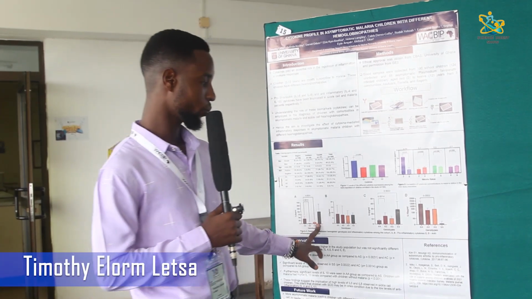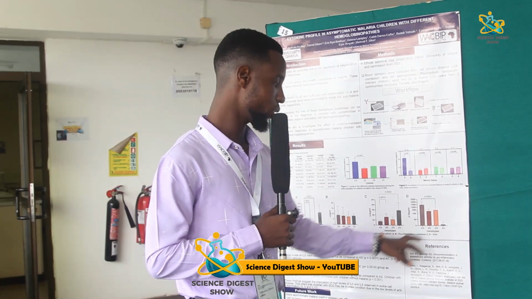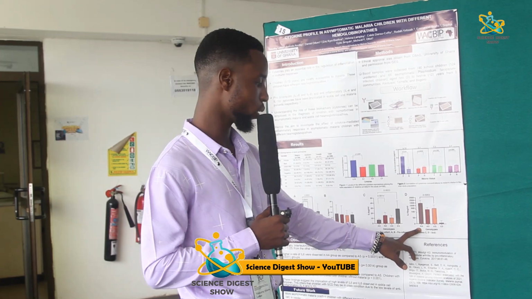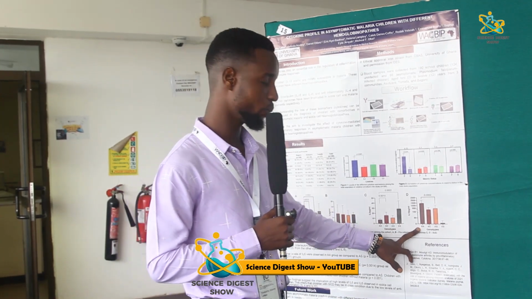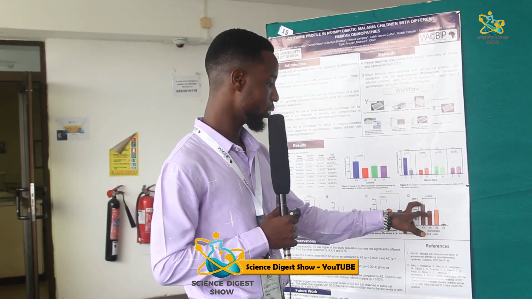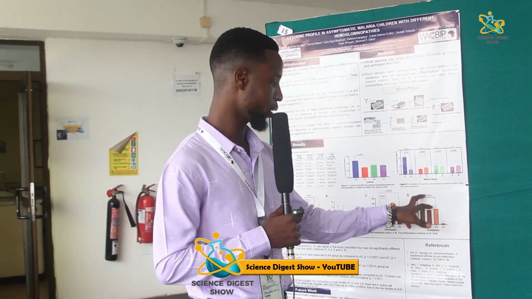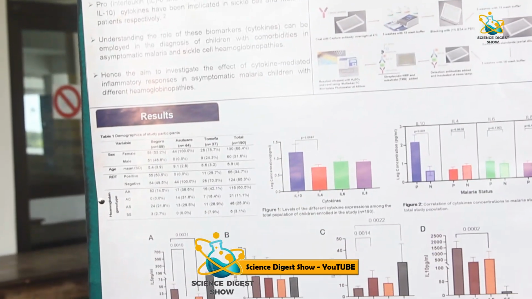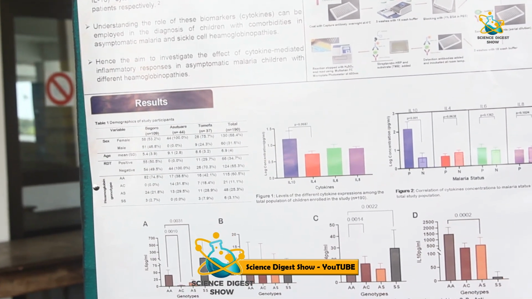Remember, IL-4 normally mediates allergic responses, so this may not be enough to counter the effects of the pro-inflammatory cytokine. For IL-10, which is the main regulator of the immune system, the highest expression was seen in individuals who have the hemoglobin genotype HbAA. There is a significant expression compared to those with AS, with a p-value of 0.002.